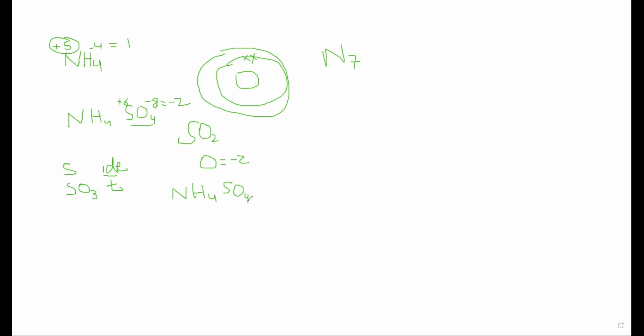That's the formula. We have -2 here and +1 here. The crossover method: what would the formula then be? It will be N2H4... we are going to write it as (NH4)2SO4. Okay, so that would be the formula of ammonium sulfate.